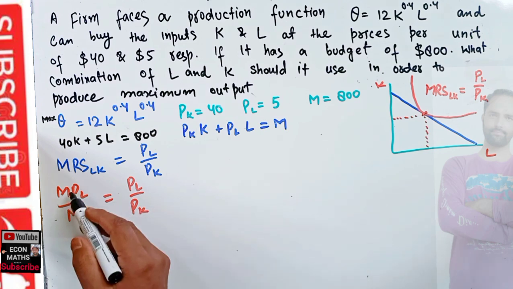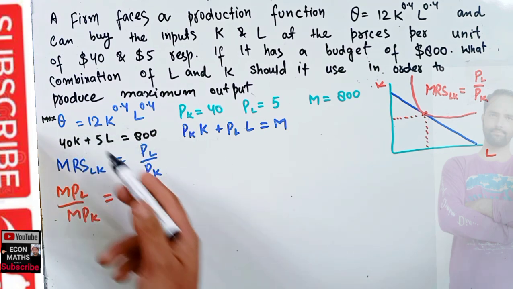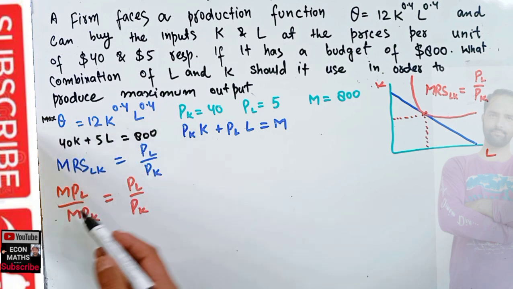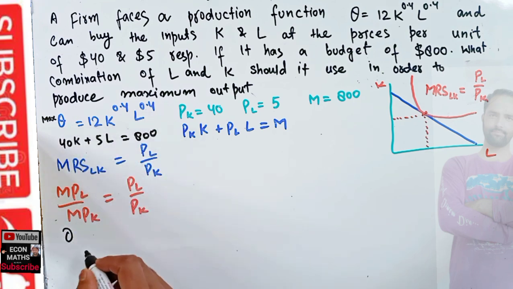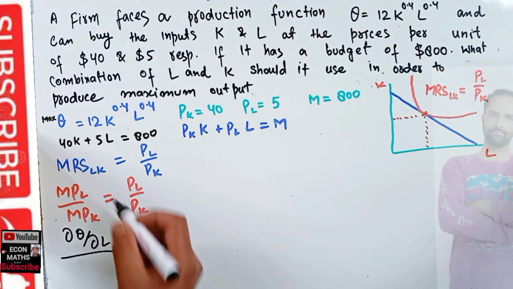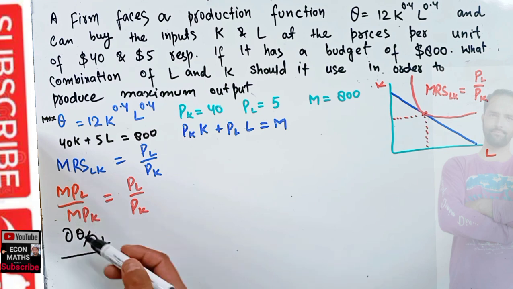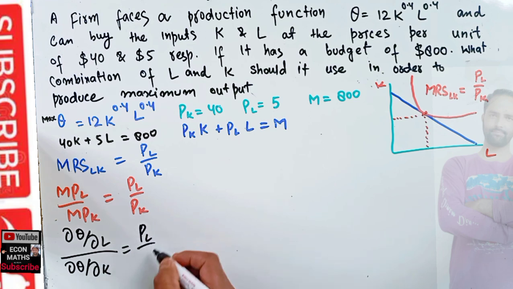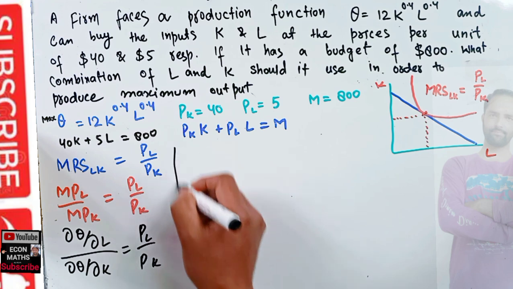Now MPL means the derivative of the production function with respect to L, and symmetrically MPK means the derivative of this function with respect to K. That means del Q upon del K. It should be equal to the ratio of the prices of input factors.